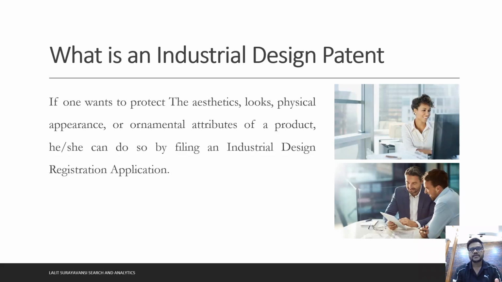An industrial design patent protects the aesthetics, looks, or physical appearance of a product, and when you file for it, a patent is granted to protect the looks of the product. It doesn't protect the functionality, what your product is doing. That is not protected by design patents. For it you will have to file a utility patent, but if you want to protect the aesthetics, then you have to file a design patent.